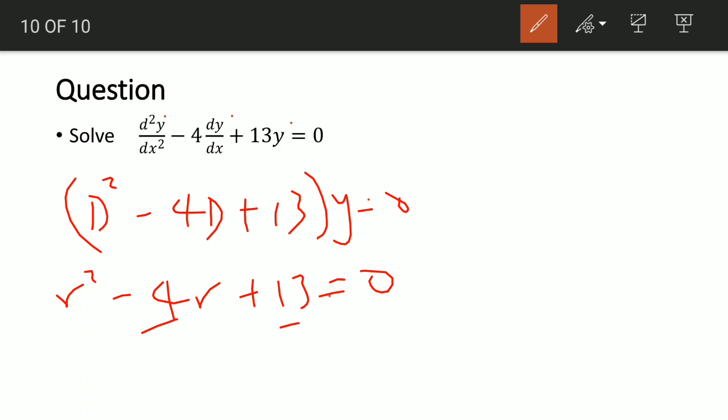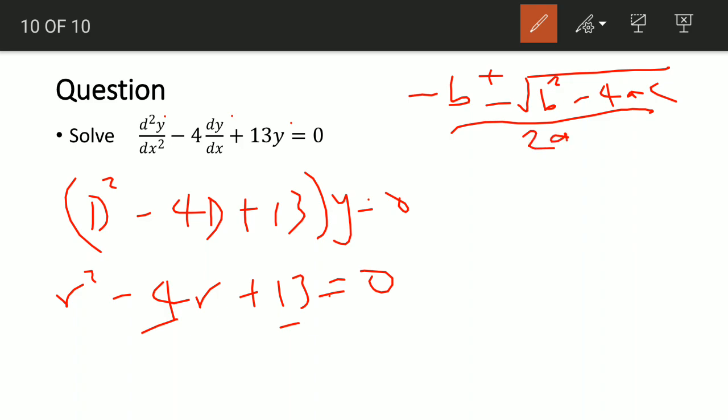So in this case now, we have to use another method to go about this, which is basically the formula method, which is minus b plus or minus square root of b squared, okay, minus 4ac all over 2a, okay? So in this case now, my a is 1, the coefficient of r squared is 1, my b is minus 4, okay, and my c is 13.